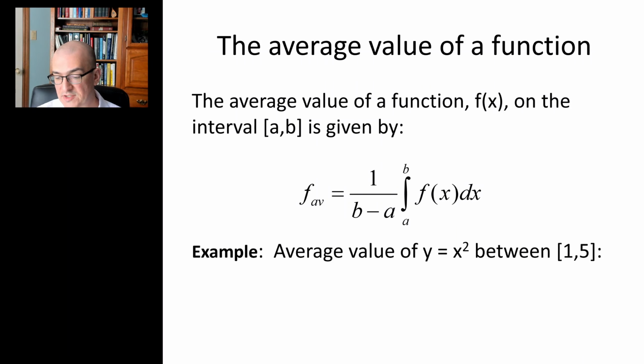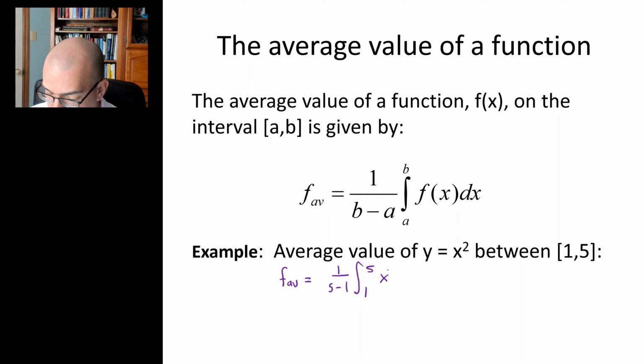So as an application, we can find the average value of the function y equals x squared from x equals 1 to x equals 5. So f av is equal to 1 over 5 minus 1 times the integral from 1 to 5 of x squared dx. So 1 over 4 times the antiderivative of x squared, which is 1/3 x cubed, and we are evaluating this from 1 to 5.